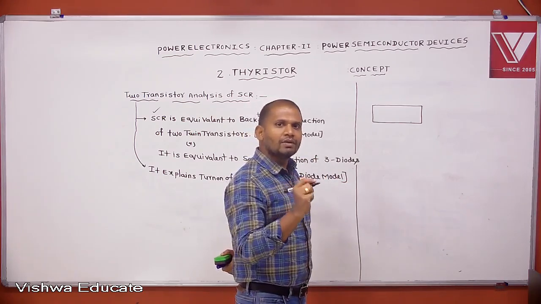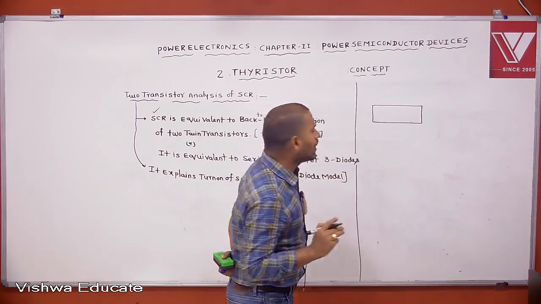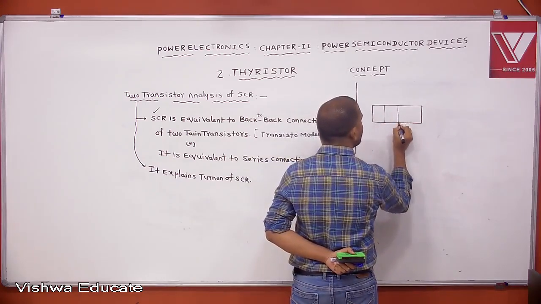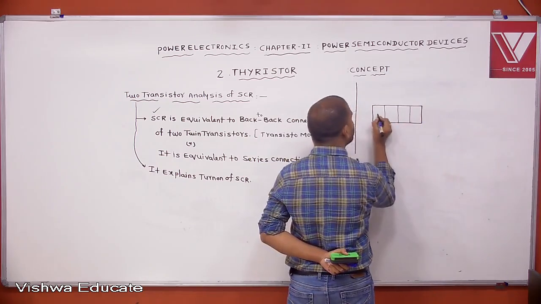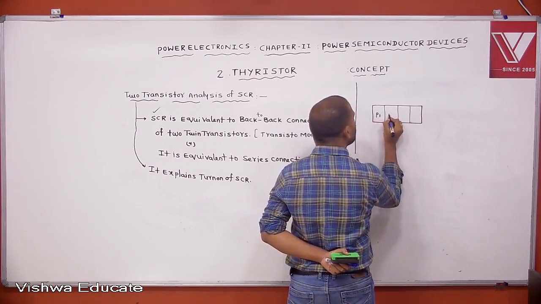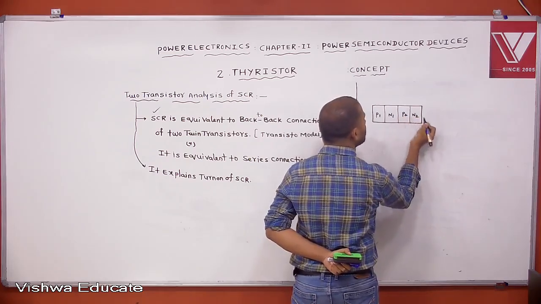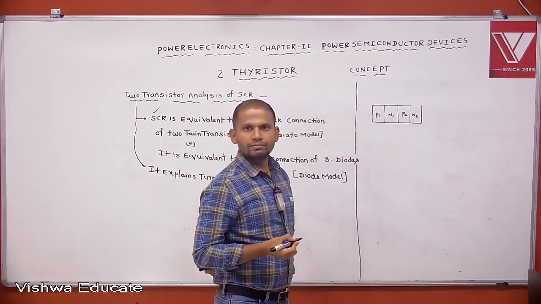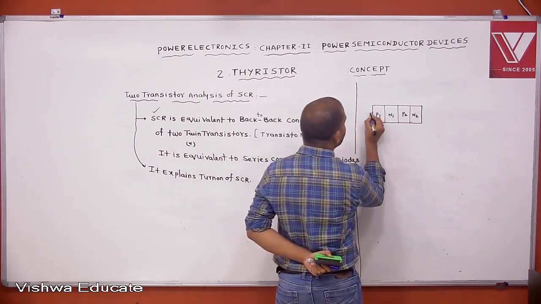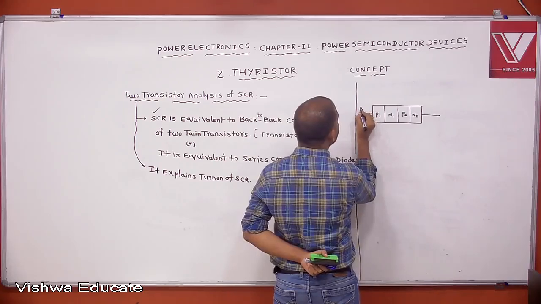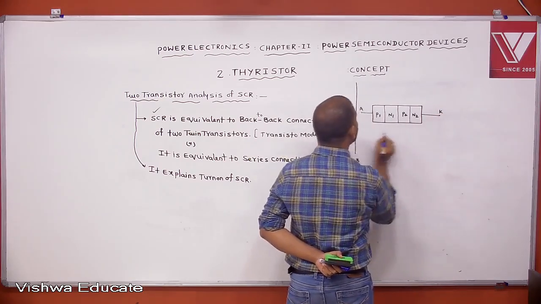Means let's say SCR is already under forward blocking mode. This is P1, this is N1, this is P2 and this is N2. This is anode and this is cathode.